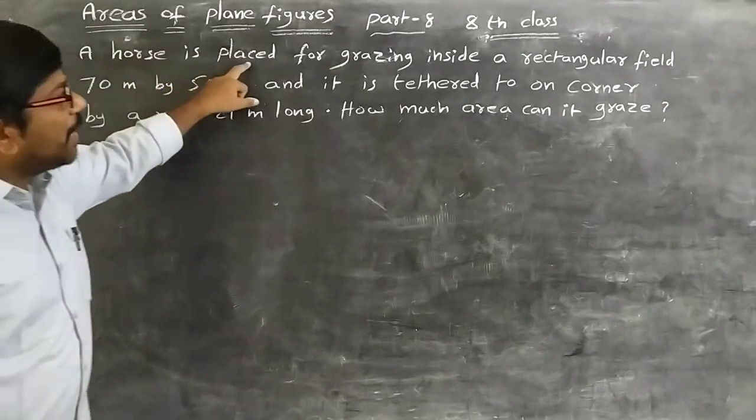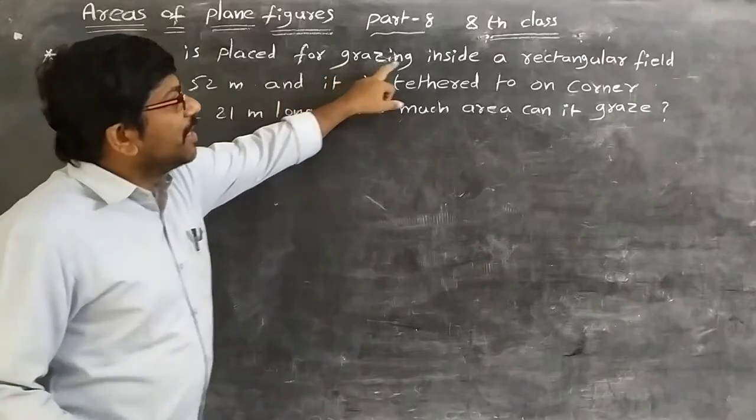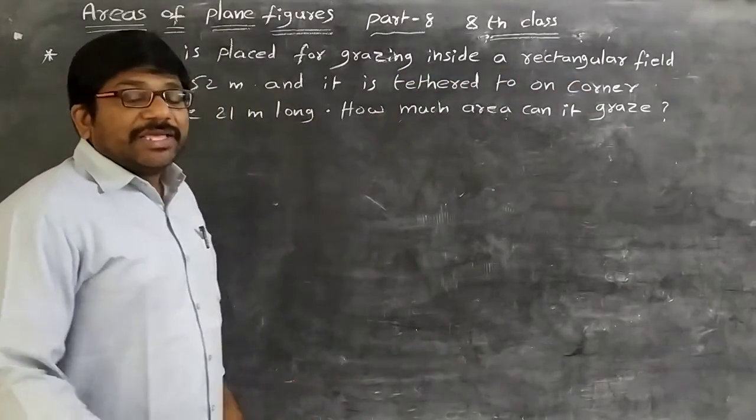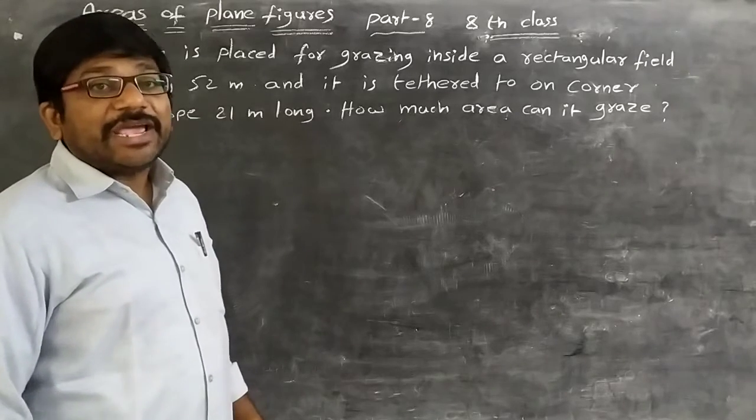A horse is placed for grazing inside a rectangular field. See, here the field is in rectangular shape.